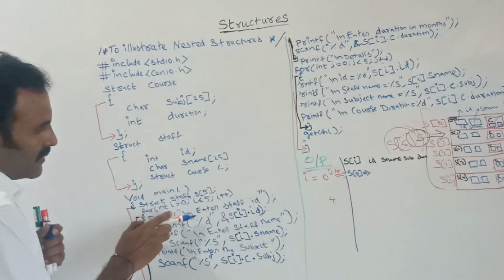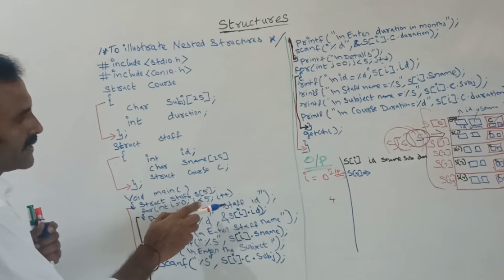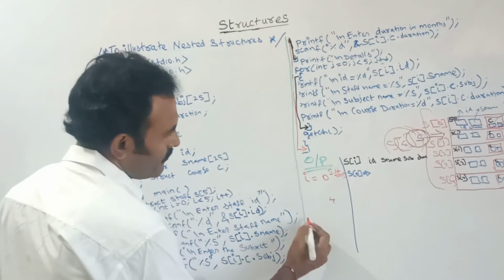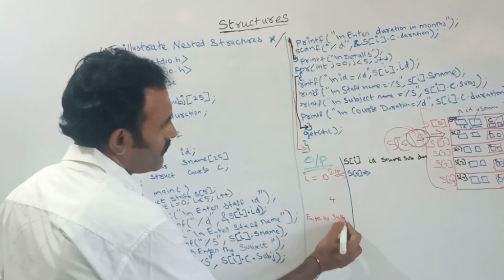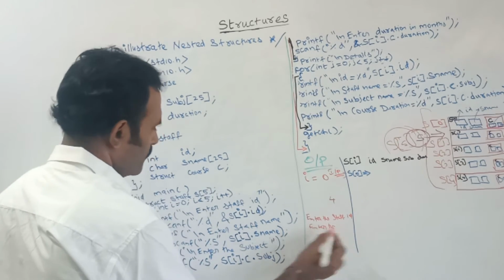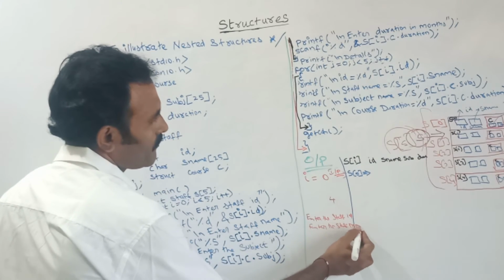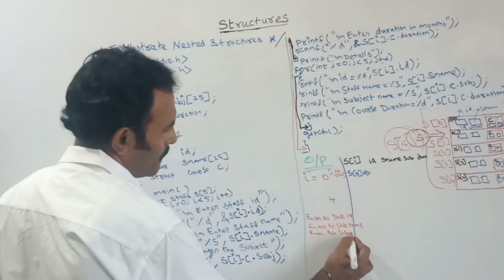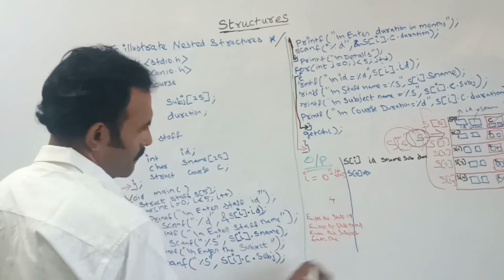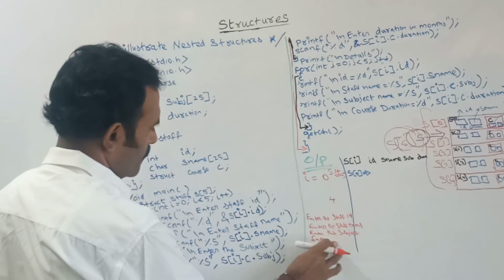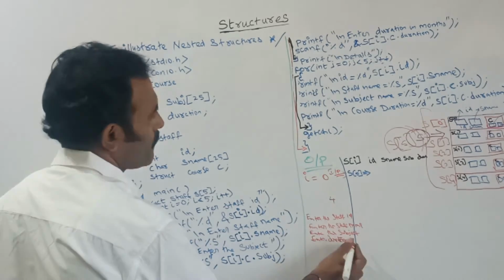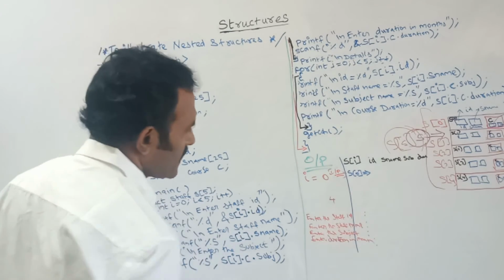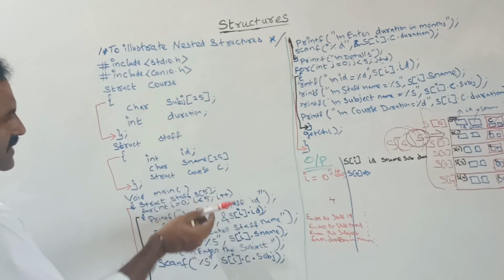Here, enter the staff ID, it will ask this each and every time. These messages will be printed for each and every iteration.